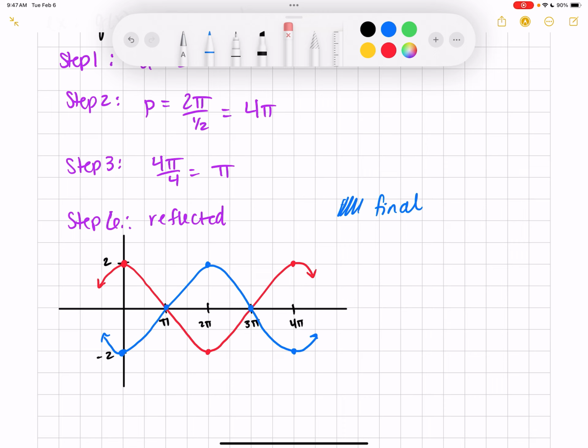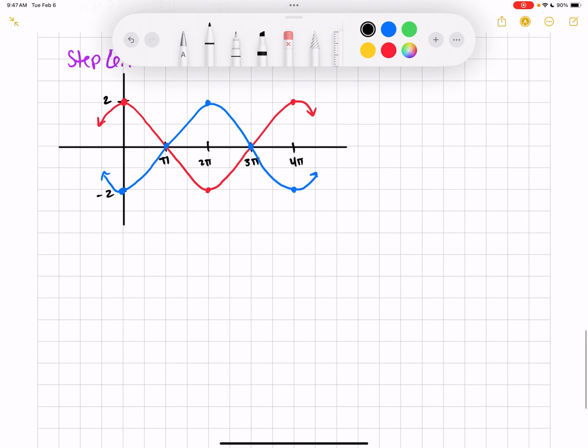All right, let's do this one. We'll do one more example from here, and then I'll go to our book. H of x is equal to 3 cosine of x plus pi, plus 1.